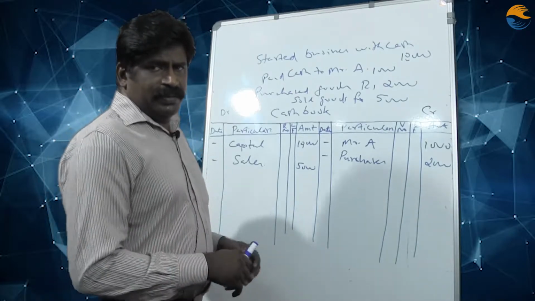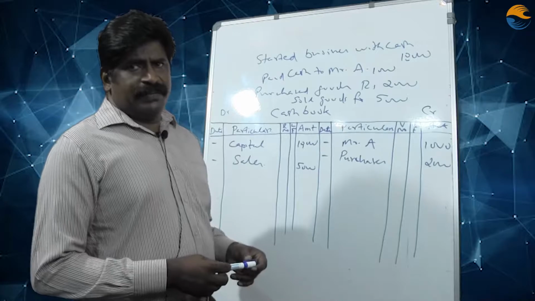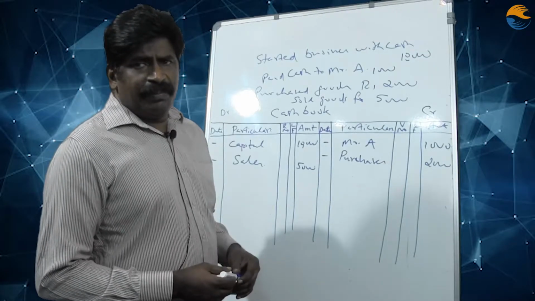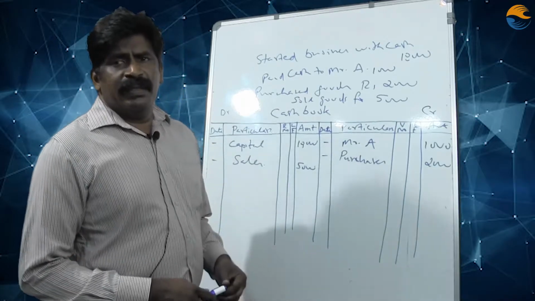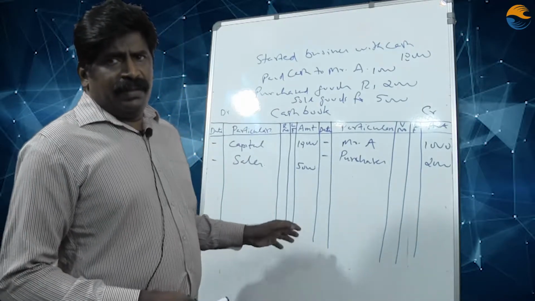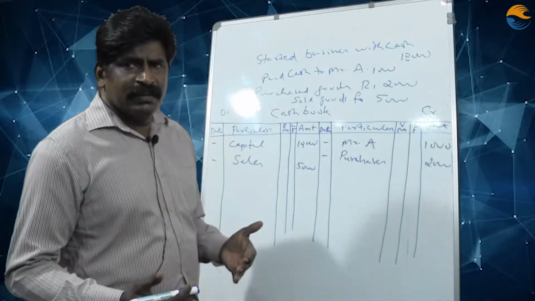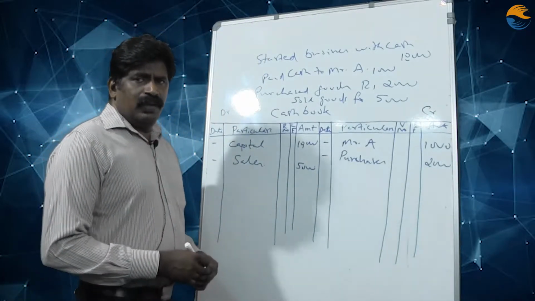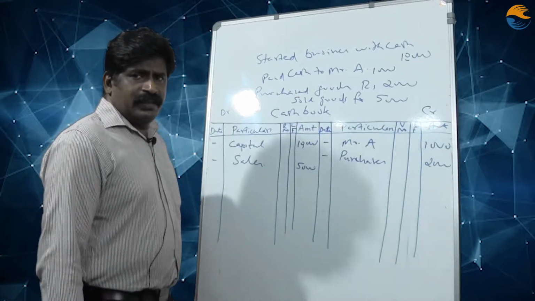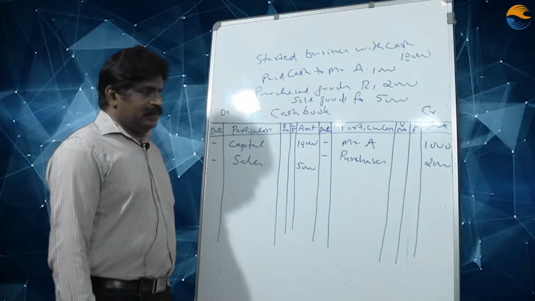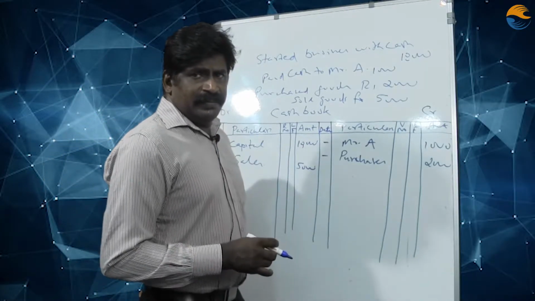It is a process of taking the totals of debit and credit sides, and after comparing which side is the highest, we will write the difference on a particular side where the amount is below the total. So we have to check the totals of both sides. The process is called balancing.